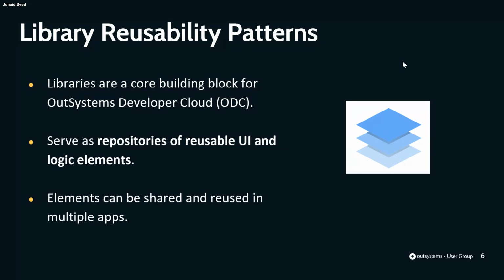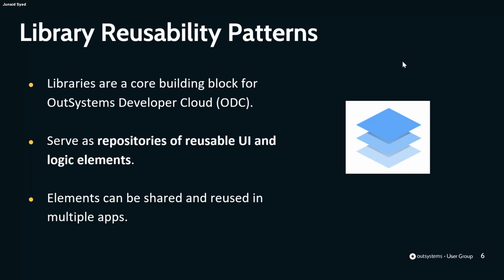We all know libraries cannot have entities. And libraries are supposed to be reused across different applications. It's not a mandate, but in most scenarios, most of the reusable elements are bundled into a library, and then those libraries are used across multiple applications.